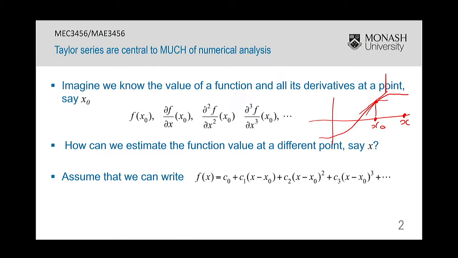And we're going to write this as the function value at x, in other words, this function value at the top corner just there, is equal to c0 plus c1 times x minus x0 plus c2 times x minus x0 squared, and so on. Okay, it's just a polynomial, but this goes on infinitely. If we make that assumption, then, the question becomes, what are the coefficients ci equal to? If we can figure that one out, then we've derived the Taylor series.